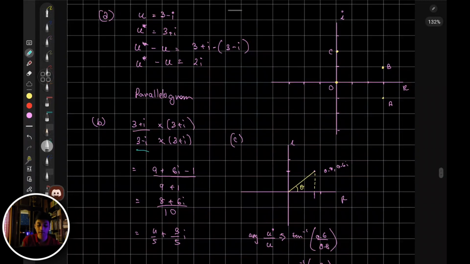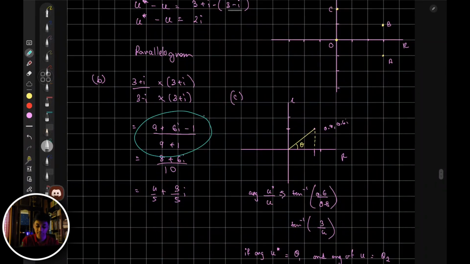If 3 minus i is the denominator, the conjugate pair of this is 3 plus i. So you multiply 3 plus i in both numerator and denominator, simplify it, and you will get 4 by 5 plus 3 by 5 i. So this is the answer for u conjugate by u.